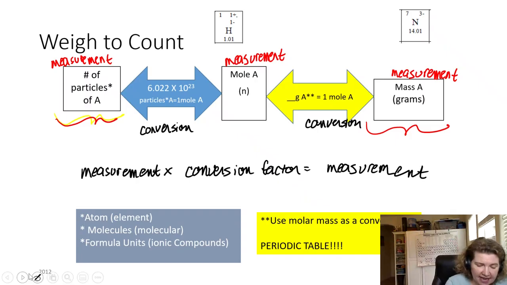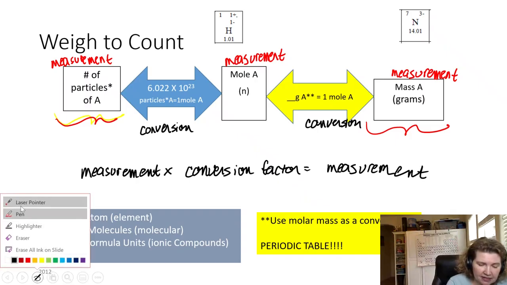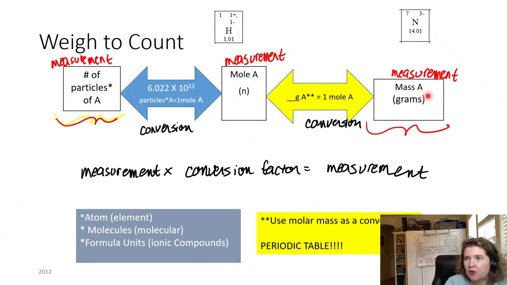If I think about this using this map, if I have grams, that's a measurement. If I want moles, that's another measurement. I need one conversion factor to do that. The conversion factor to go from grams to moles is this number, blank grams is 1 mole, and you're going to pull that number off of the periodic table.